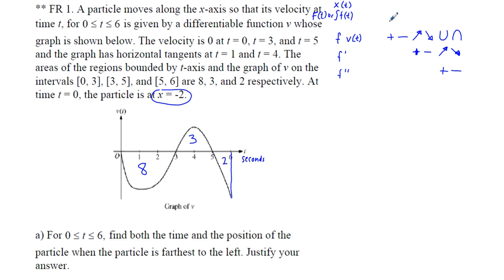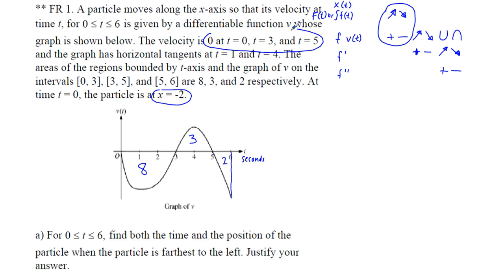In this row down here, f is analogous to v of t. Above the plus sign in the v of t function, x of t is increasing, and above the negative sign in the v of t function, x of t is decreasing. Our analysis is going to make use of these relations. In v of t we have critical numbers, given to us by the velocity being 0.